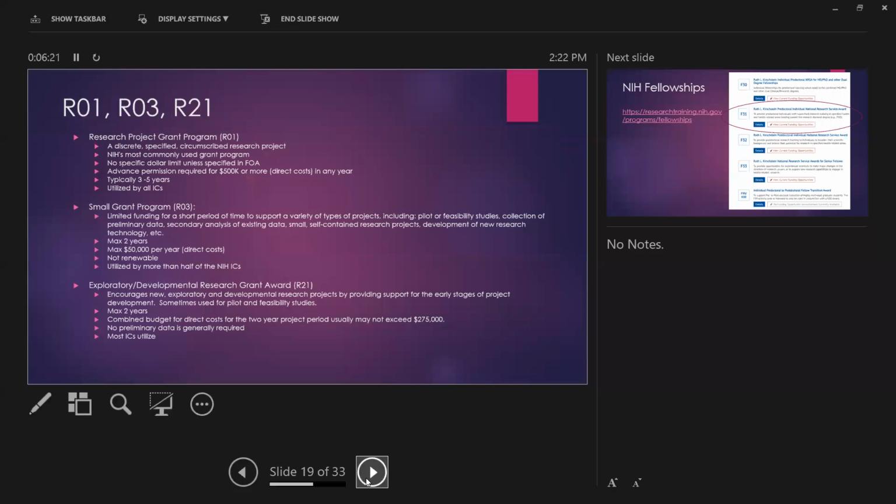Okay, so these are different types of Rs. So an R01 is the basic standard research project that most faculty will go for. It's 5 years long. It's the most common grant. It's usually below 500,000 per year, although you can get permission to ask for more than 500,000, but it's kind of hard to get permission.